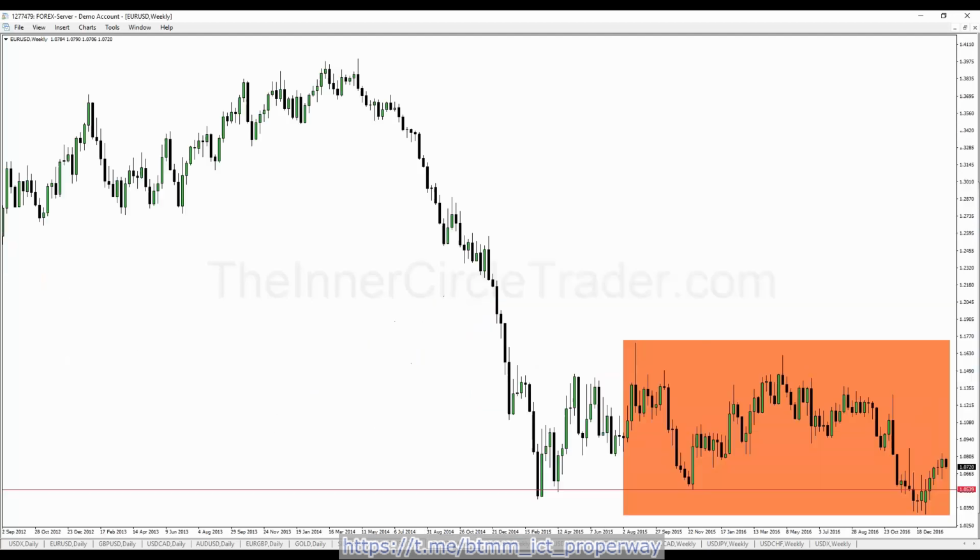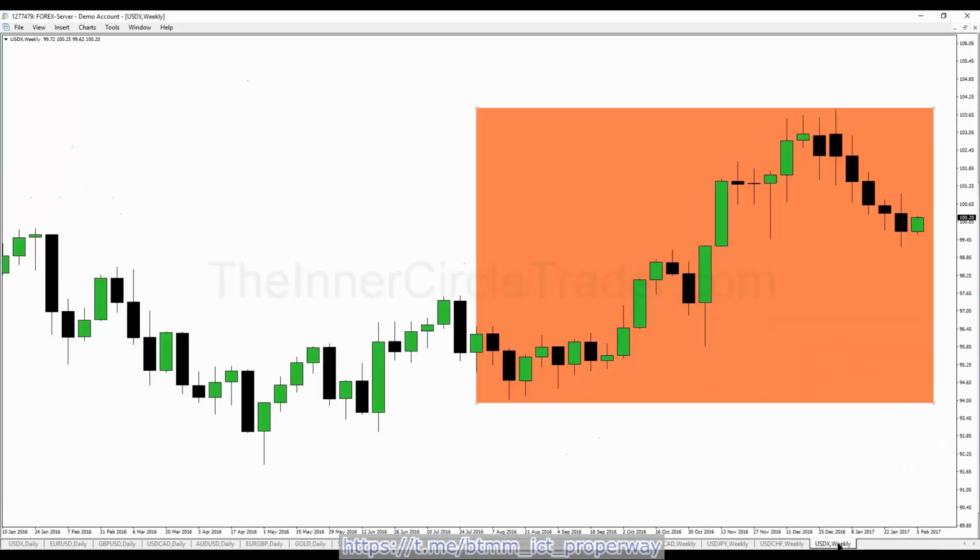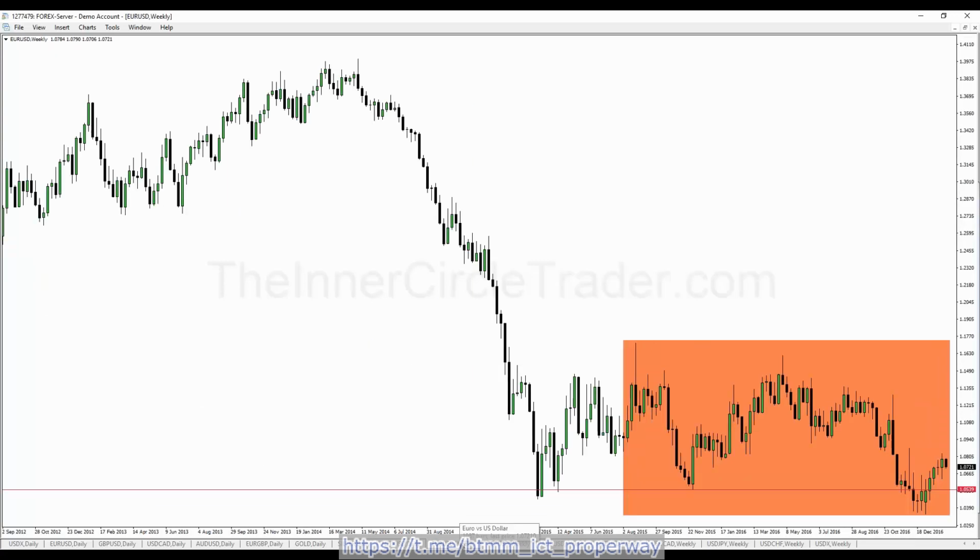Contrast that with the euro. It's in consolidation. Couple that with the dollar index. It's bullish on dollar. So we should be what? Can't really swing trade euro, but as a preview, this means that you can be a short-term trader on euro dollar, and you could be looking to do what with it?